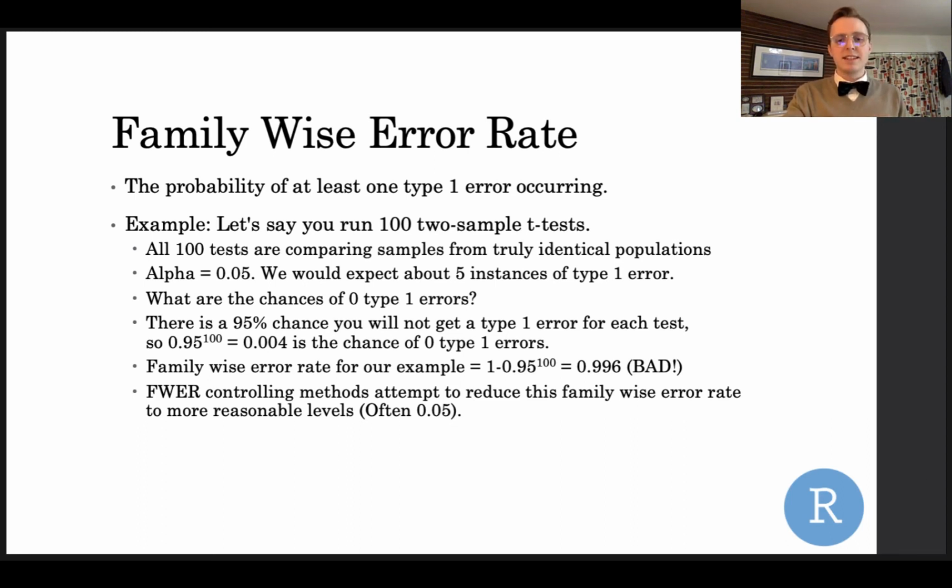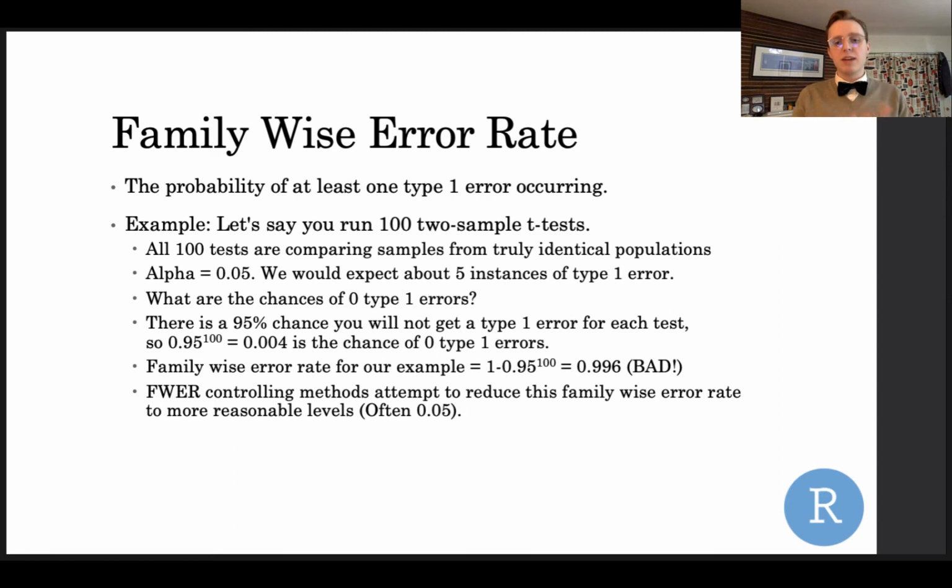But what are the chances that a type 1 error never occurs with this error rate? Well, for each test, the probability of a type 1 error not occurring is 95%. So to get the probability of a type 1 error never occurring, we just take 0.95 to the power of 100 tests, and we get something around 0.004.